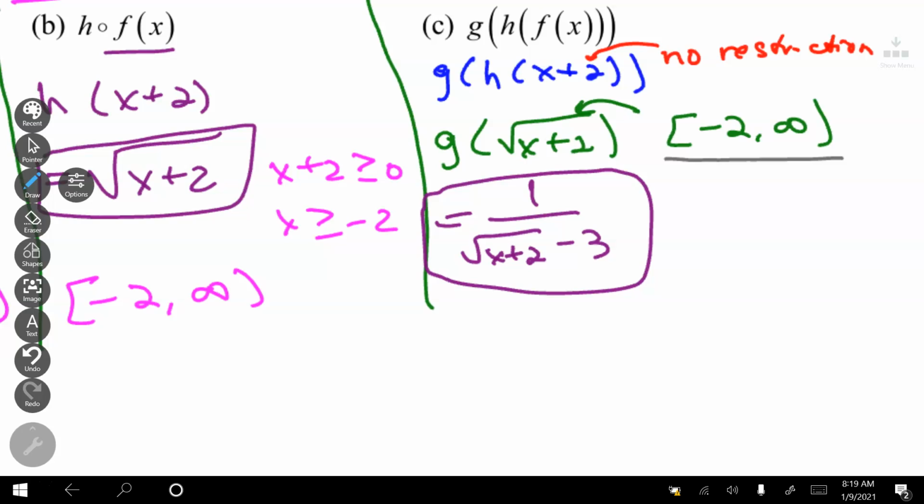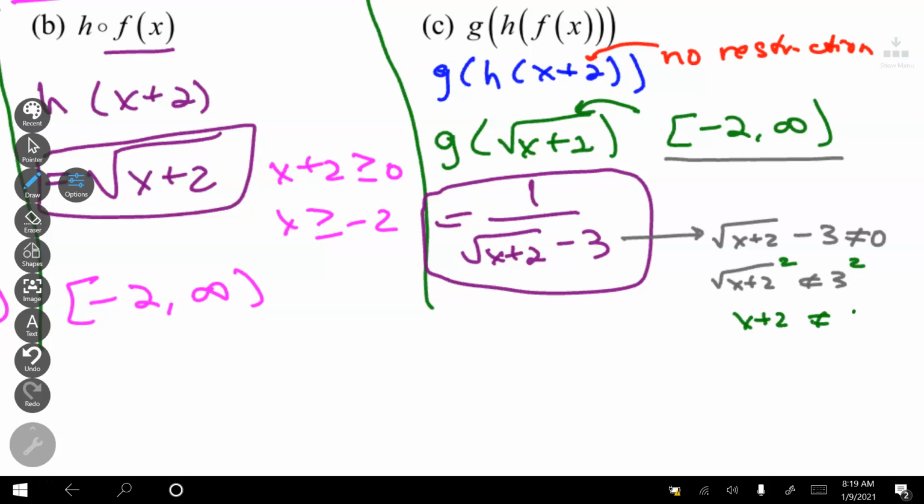My final problem, I see I do have a denominator, so you have to take the whole denominator. This is the whole denominator, the square root of x plus 2, then minus 3, and that cannot equal 0. I'm going to add 3. I'm going to square both sides. And then I'm going to subtract 2, and I get x cannot equal 7.